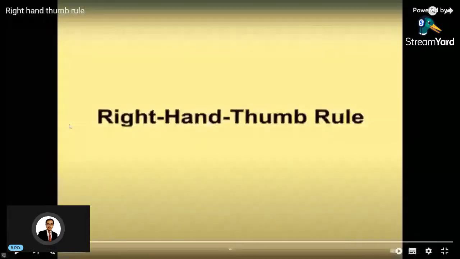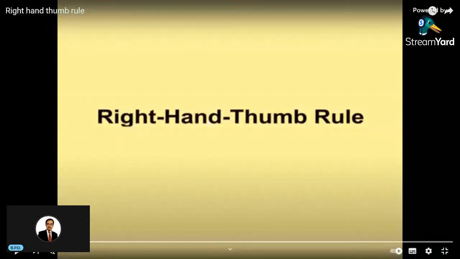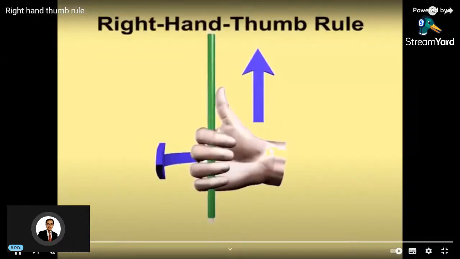Now look at this. Right hand thumb rule is very important. Look at this, this green one is the conductor and these four fingers are basically used to identify the direction of magnetic field, and the thumb is used to understand the direction of current through the conductor.